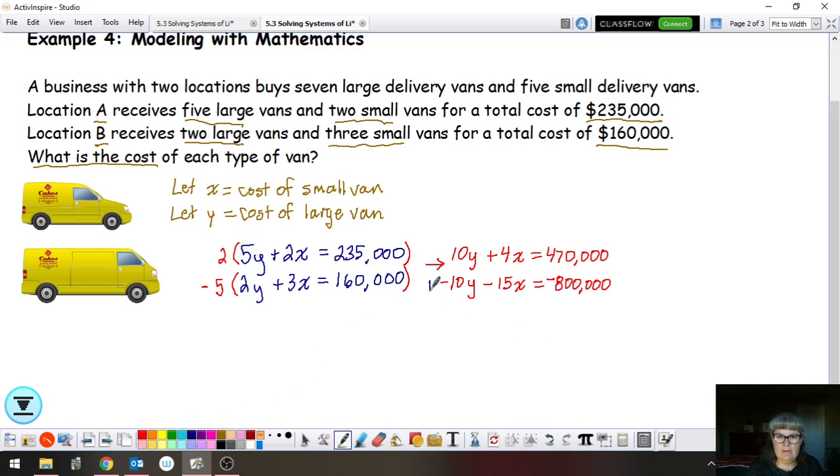So when I add the two equations together, the cost of the large vans is going to cancel out. So we're going to have negative 11x.